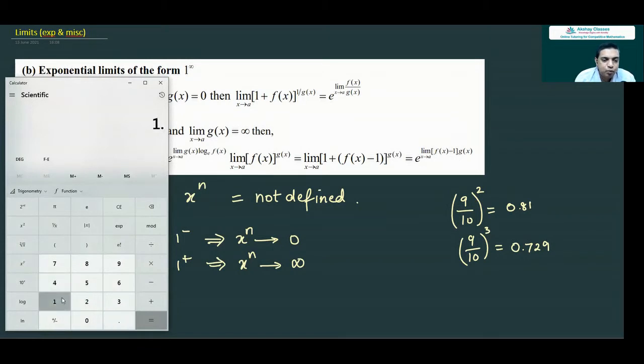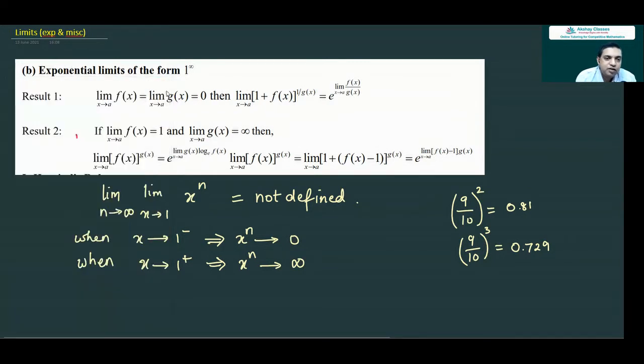Say 1.1 raised to the power 10 is 2.59. Now 1.1 raised to the power 100 has become 13,780. Now 1.1 raised to the power 10,000, 100,000, it will go on increasing.